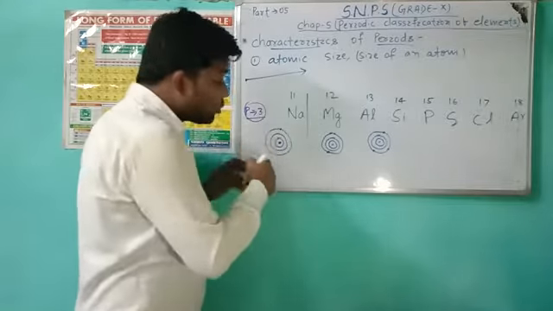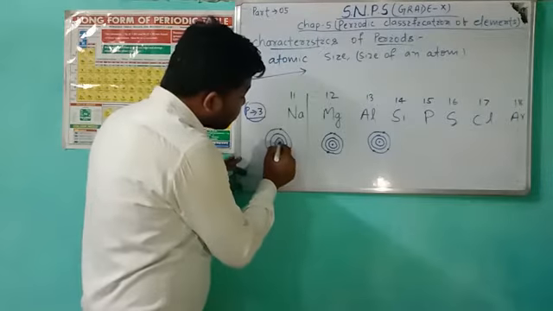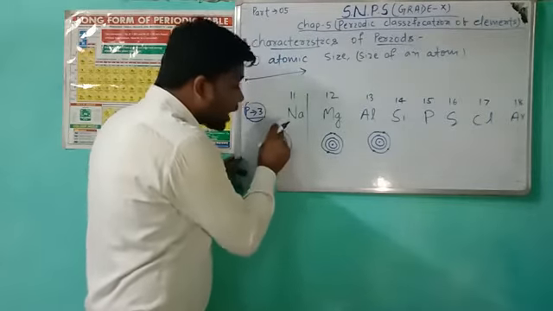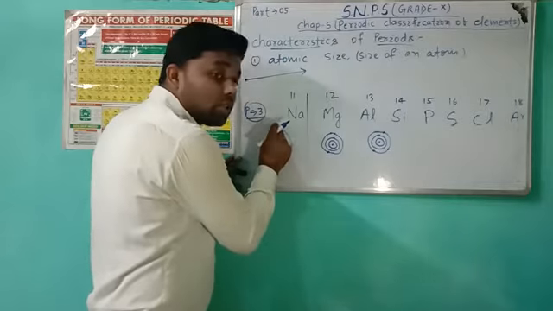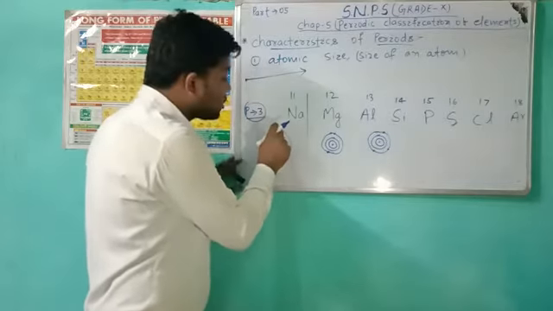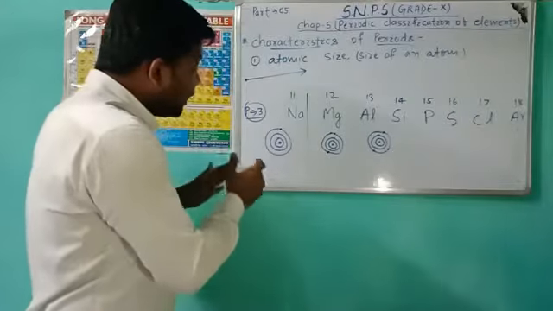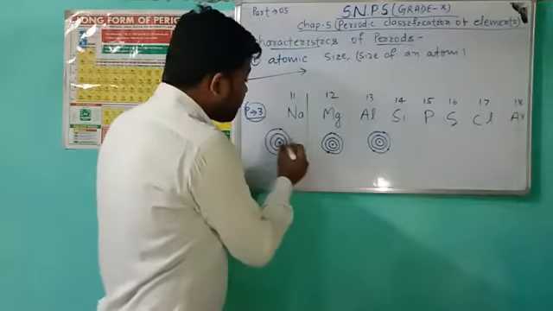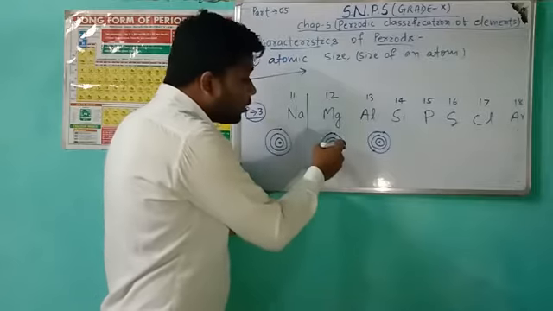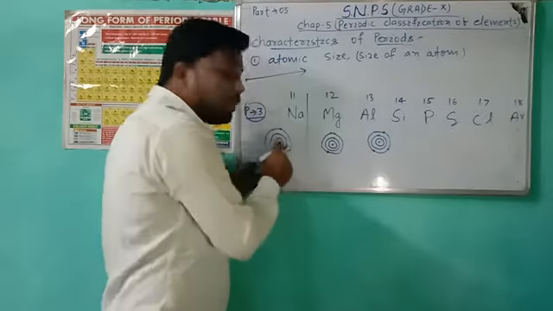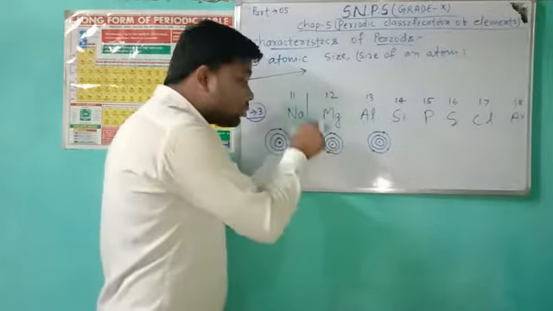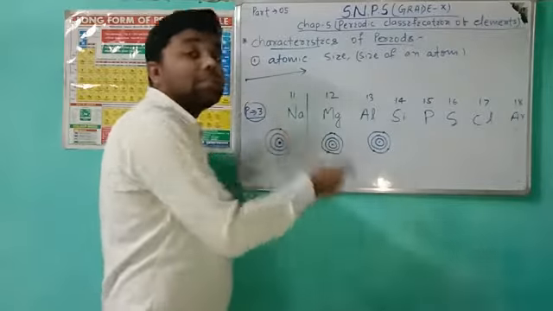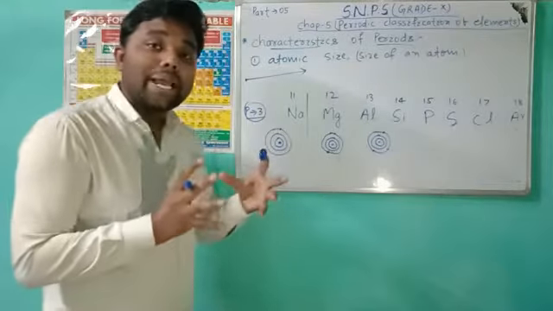when we talk about sodium, the attraction force between the nucleus and the outermost shell electron is lesser than in magnesium. How? Because magnesium has more electrons than sodium, and it also has more protons than sodium. So it's all about the attraction force.